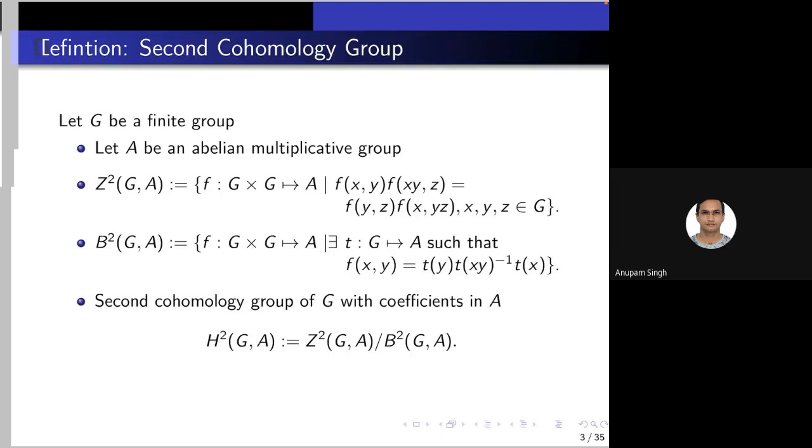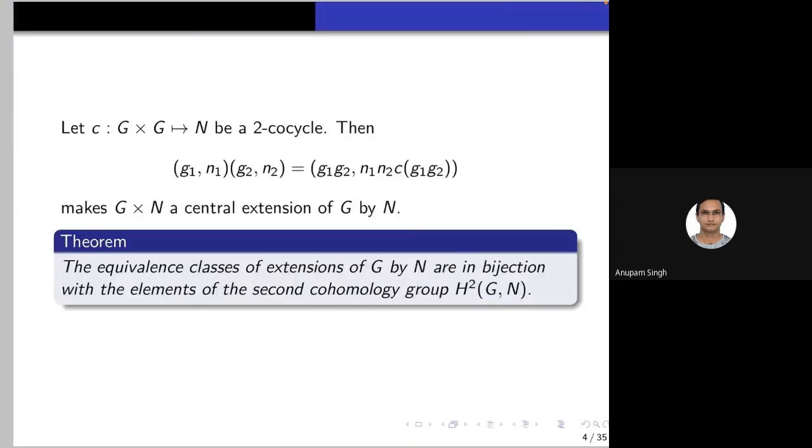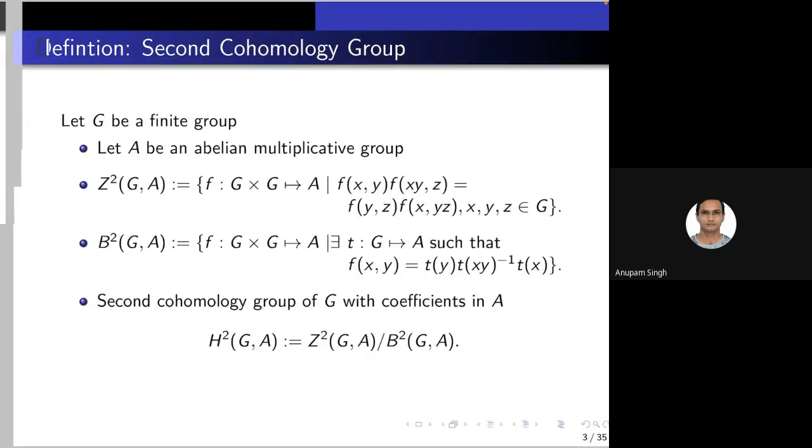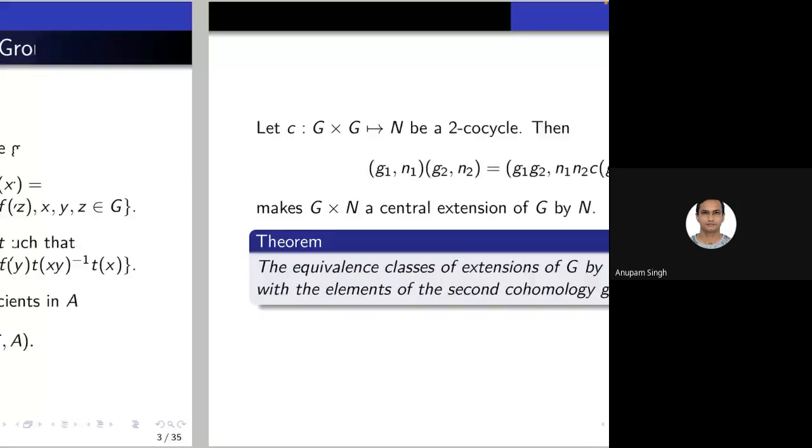When we take the quotient, that is called the second cohomology group of G with coefficients in A, considering the trivial action of G on A. As I said, given any central extension, this gives an element of the second cohomology group H2(G, N).